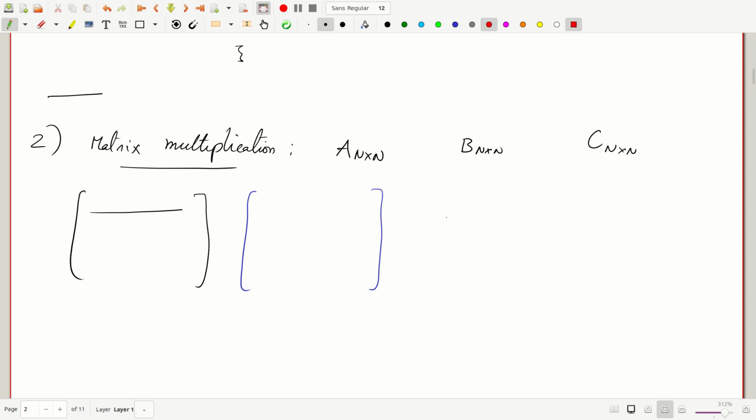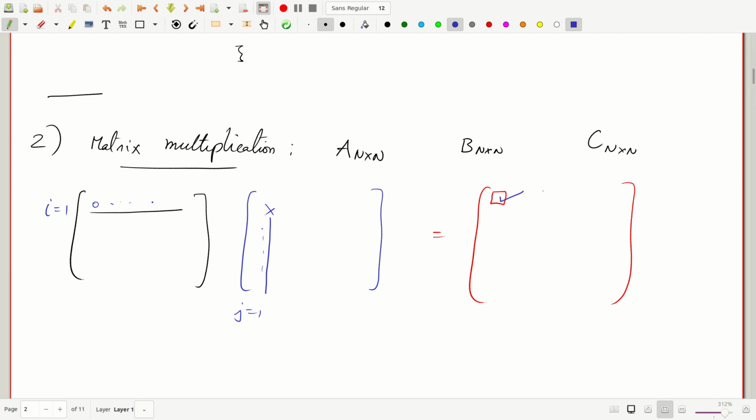So to calculate the final matrix C, you calculate the final value here, you have to multiply this row with this column, right? Essentially you would multiply i equals 1 with j equals 1, and then you multiply each of these elements, right? With i1 with j1 and so on accordingly, and sum all of them, and then that's going to be your resulting element here, right?